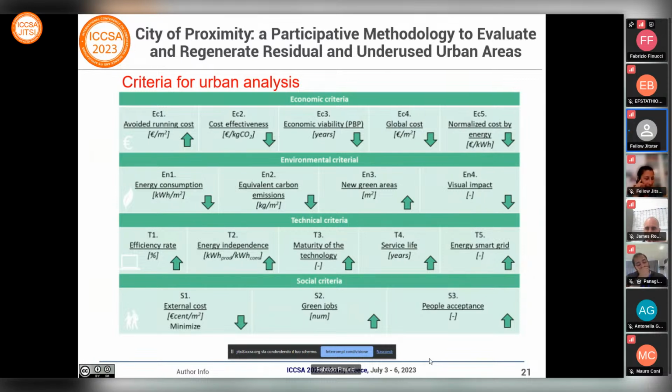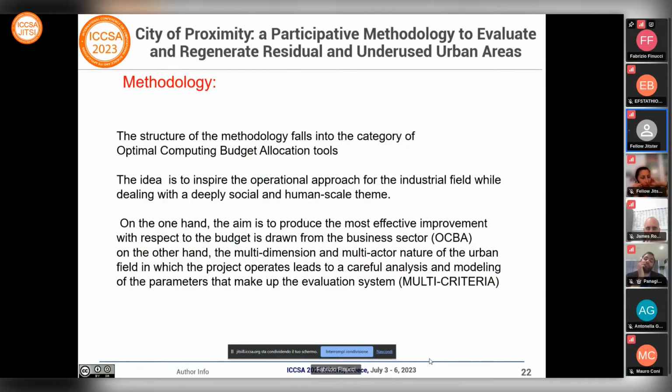Now, in the next slide, we can see that the structure of the methodology that we'll propose falls in the category of optimal computing budget allocation tools that are valid and effective for individuating the most beneficial solutions within a set, considering finite resources.